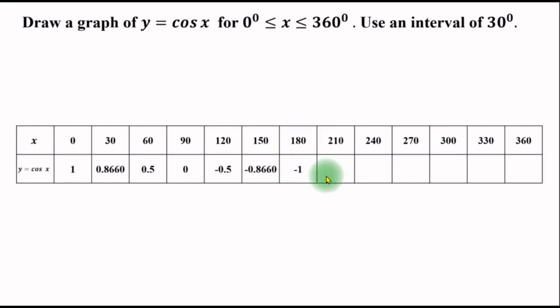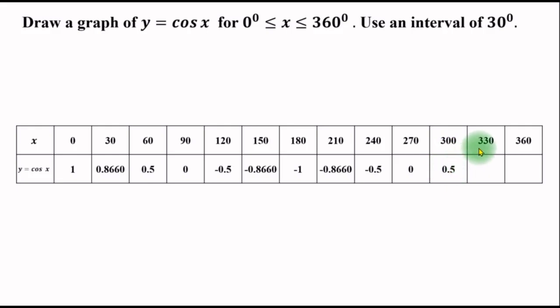When x is 210, cosine 210 will be negative 0.8660. When x is 240, cosine 240 will be negative 0.5. When x is 270, cosine 270 will be 0. When x is 300, cosine 300 will be 0.5.